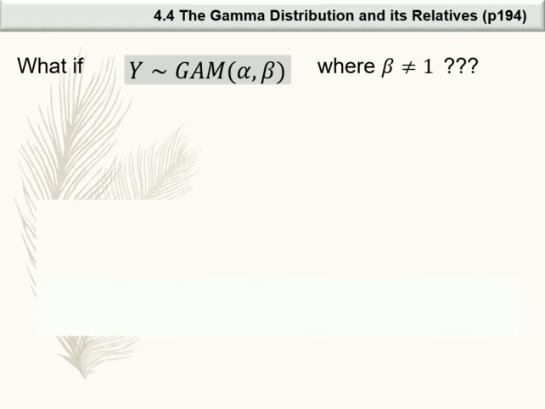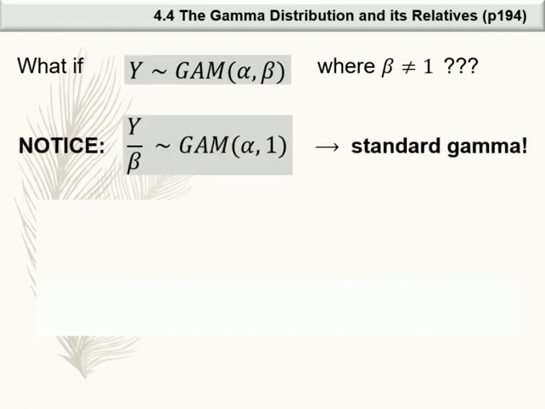Now, what if Y does not have a beta equal to 1? Just like with the normal distribution, we have a transformation that we're going to use. Whatever that Y value is, we're going to divide by beta, and then the result is a standard gamma. This is what it looks like more formally.